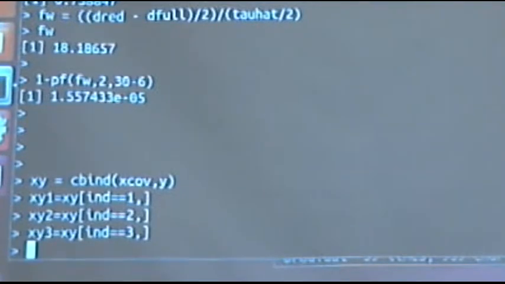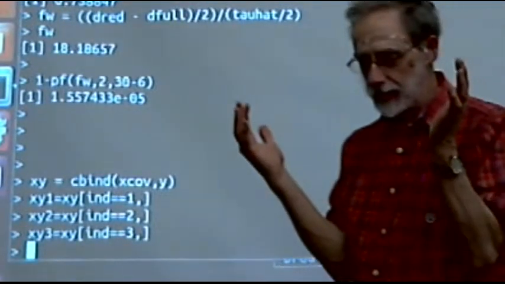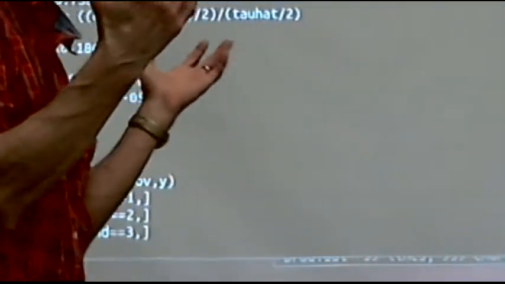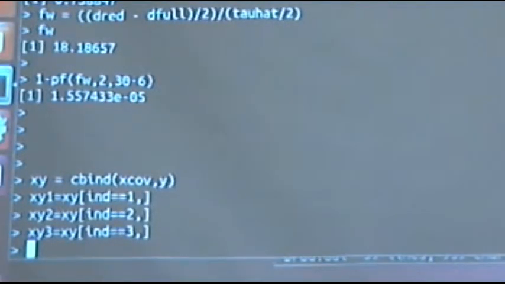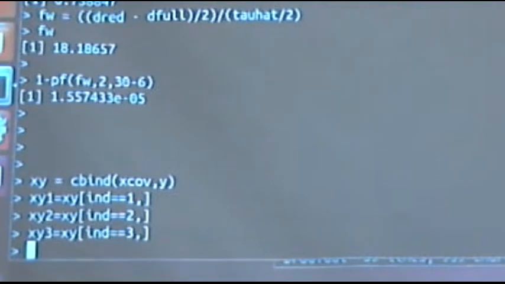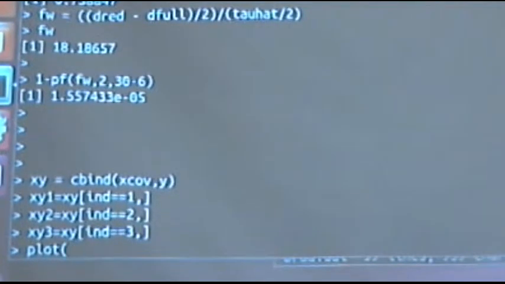So I could do the plots now. Well, let's just plot on one plot. So you always have to start off right on a plot. It's like you have to make the big screen. So you have to be careful. One way to make the big screen is just plot everything.